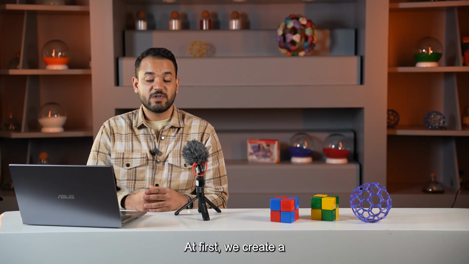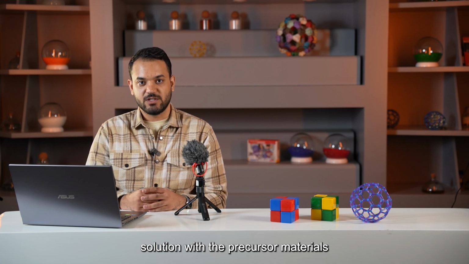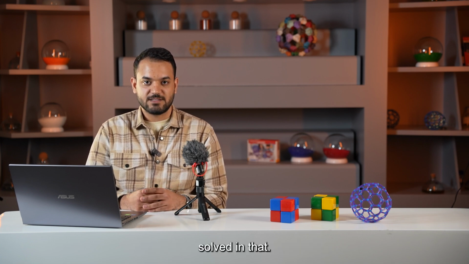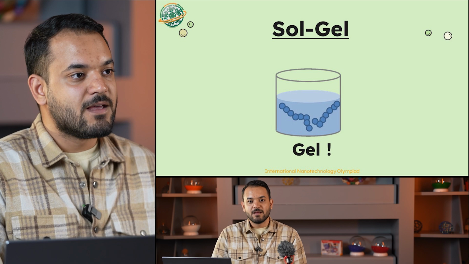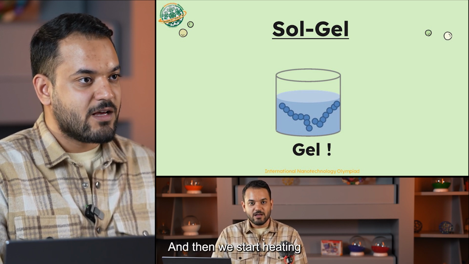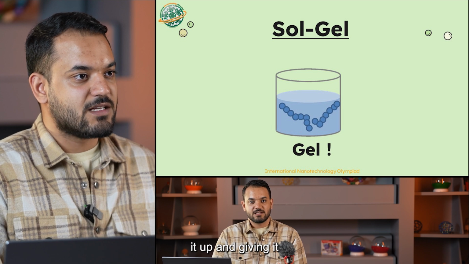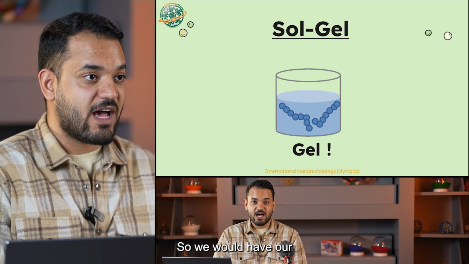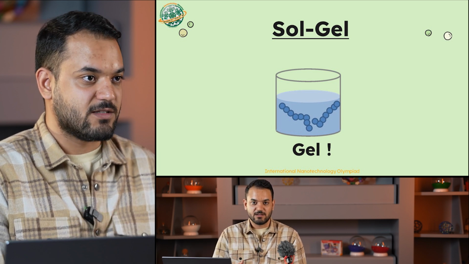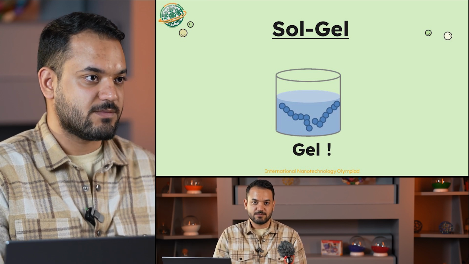At first, we create a solution with the precursor materials dissolved in it. We call this a sol, the abbreviation for solution. And then we start heating it up and giving it time to react, so we would have our desired gel. What's a gel? A gel is something between a solid and a liquid.